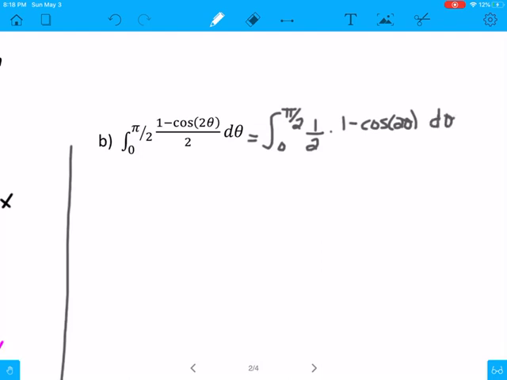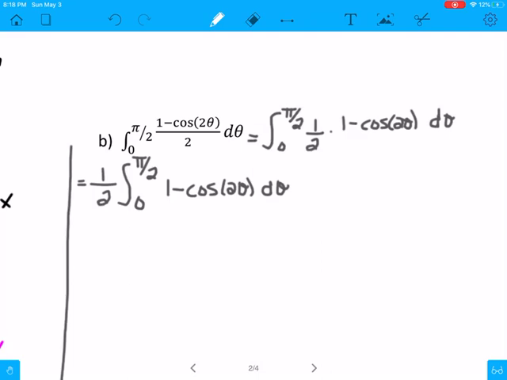Why would I do that? Because I can take the half out front. Remember, whenever you have just a coefficient, you can bring it out of your integral and make your life a heck of a lot better. So it equals the integral from 0 to pi over 2 of 1 minus cos 2 theta d theta.